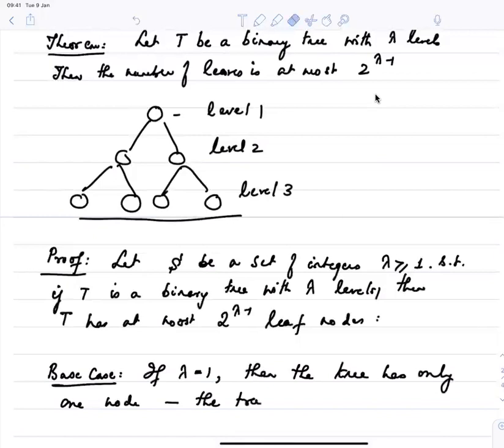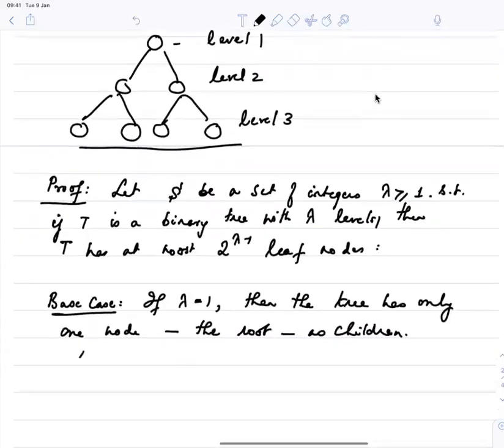The root has no children. One leaf node, equal to 2 to the lambda minus 1. Level is 1, that is equal to 1. 1 belongs to S. Okay.